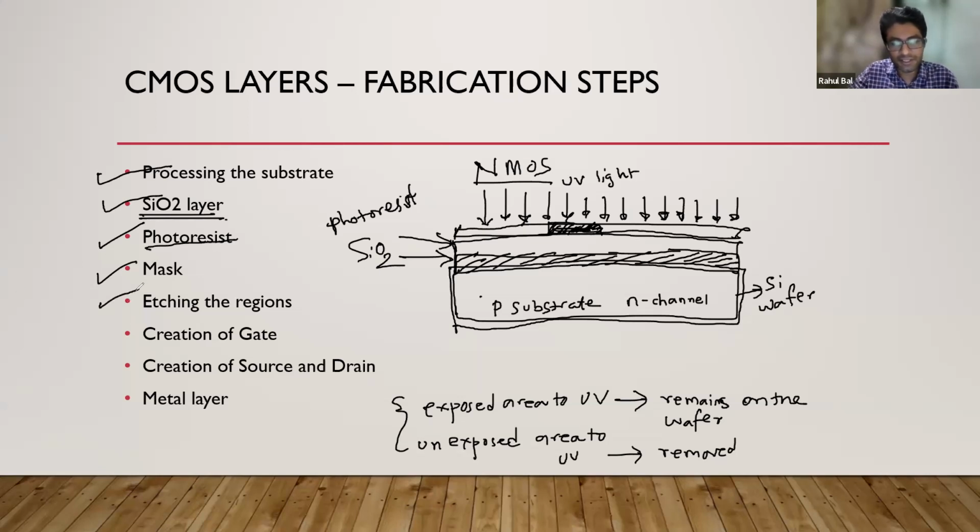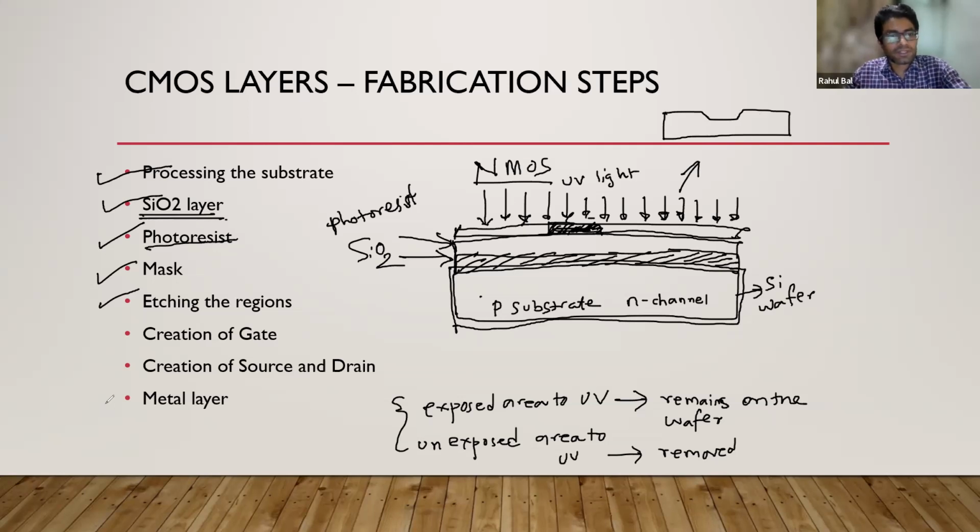Then etching the regions. If you are considering this type of design, after the masking, your substrate will look like this. Because this is the unexposed area, it will get removed, this middle part.